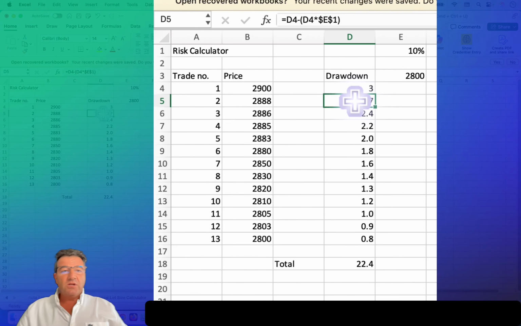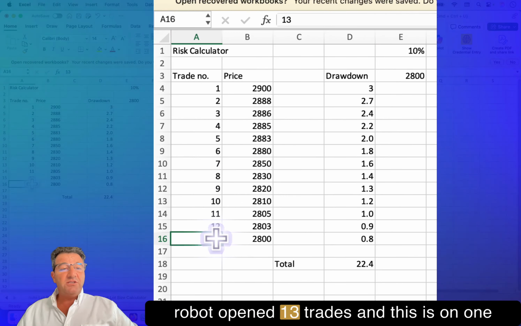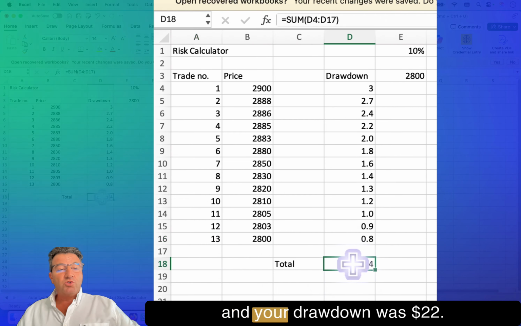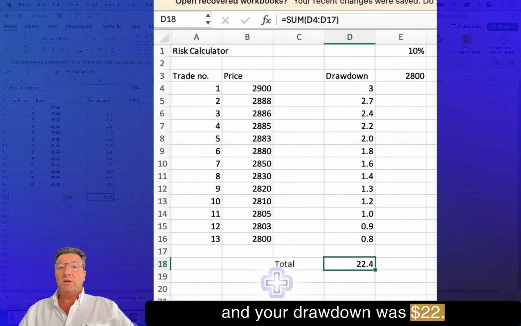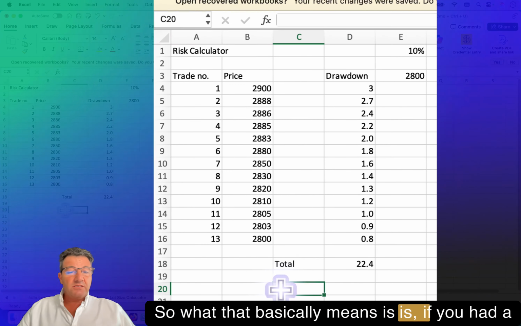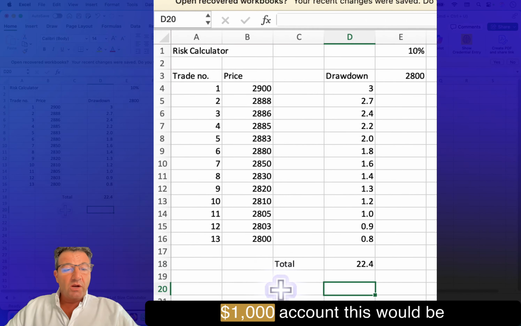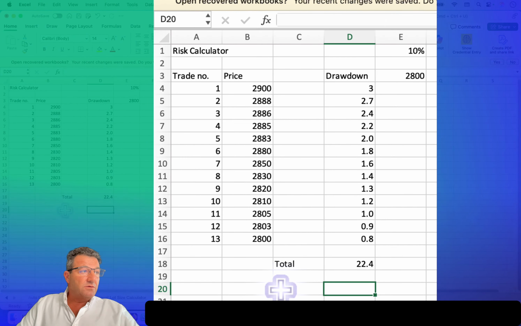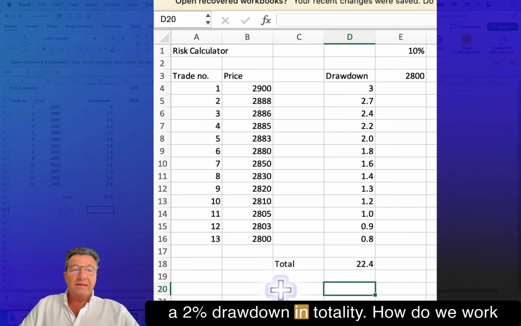So let's say hypothetically, the robot opened 13 trades, and this is on one chart, and your drawdown was $22. So what that basically means is if you had a $1,000 account, this would be a 2% drawdown in totality.